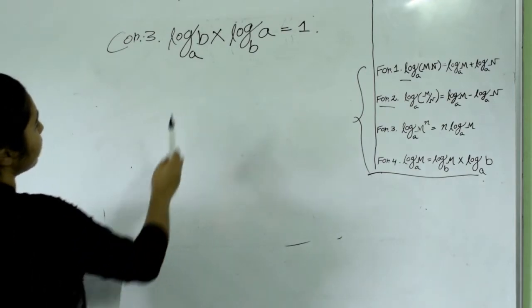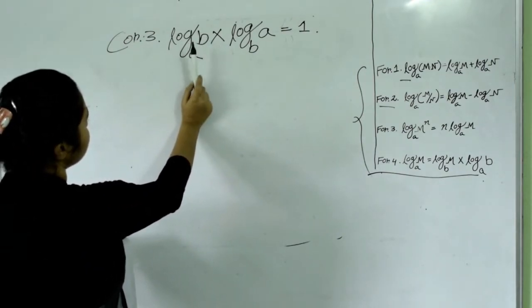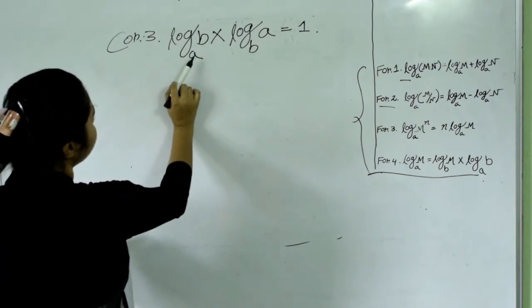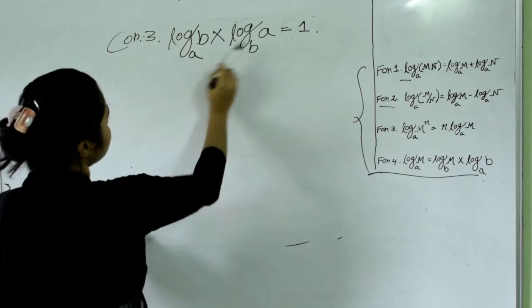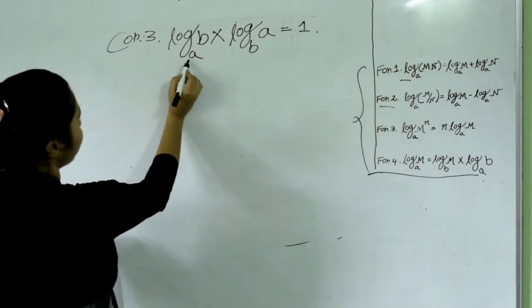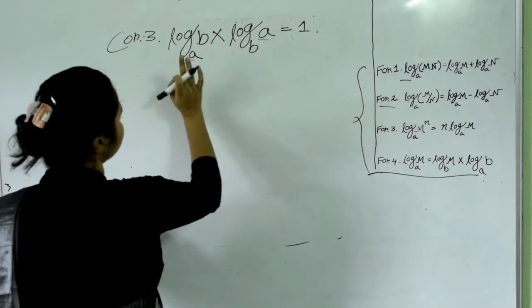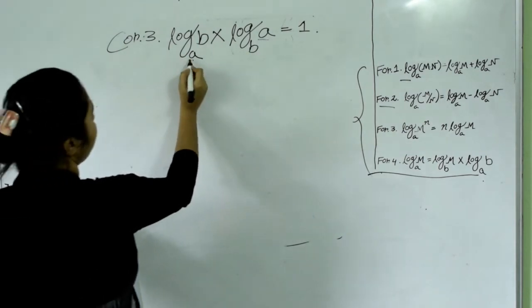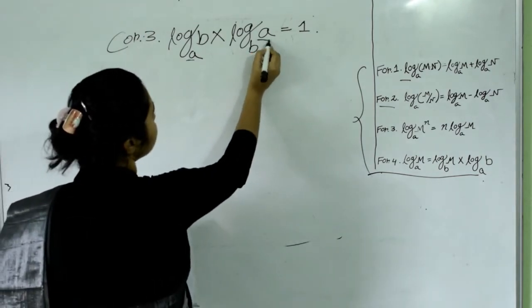That means if we have multiplication of two terms with log, if the value and the base are the same, that means for the first term the base is a and for the second term the value is a.